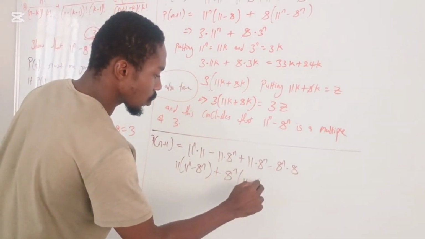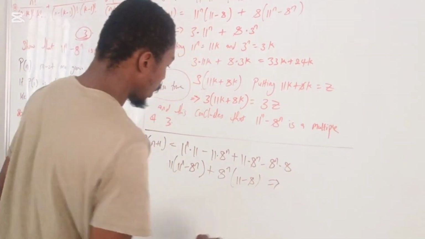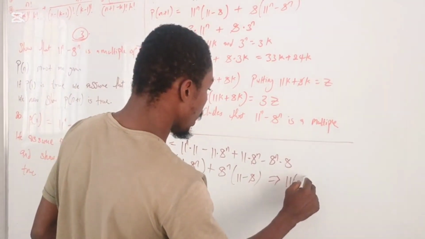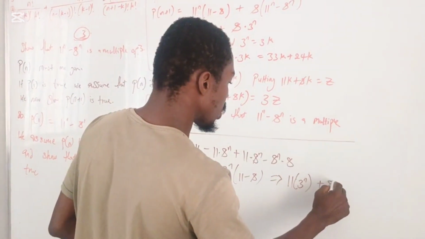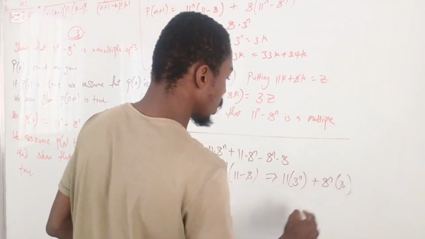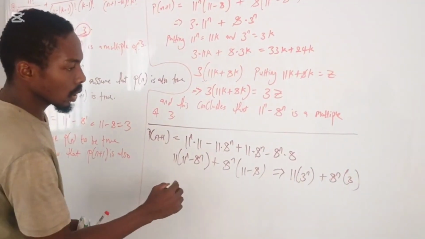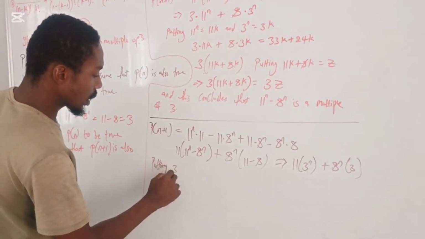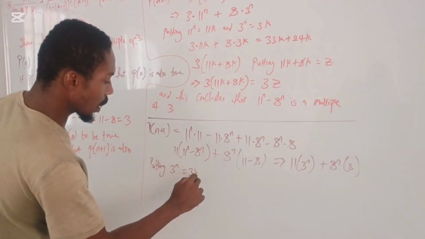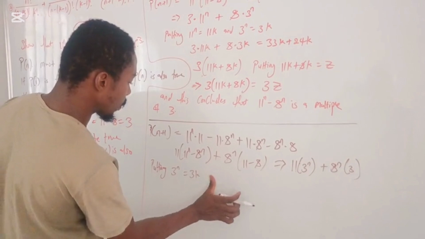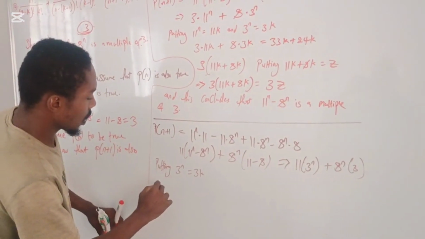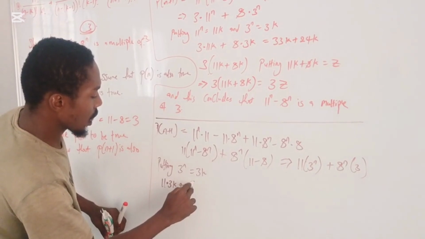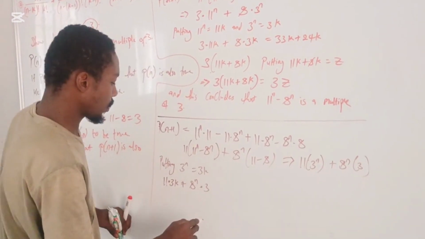This is 11 minus 8. Now that implies that what we have here is 11 into 3 raised to the power n plus 8 raised to the power n into 3. Okay, so now I will say putting 3 raised to the power n to be equal to 3k implies that what I now have is 11 multiplied by 3k plus 8 raised to the power n multiplied by 3.